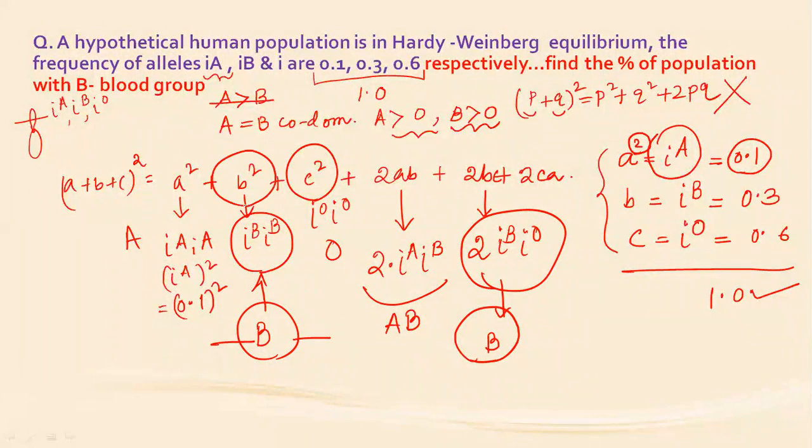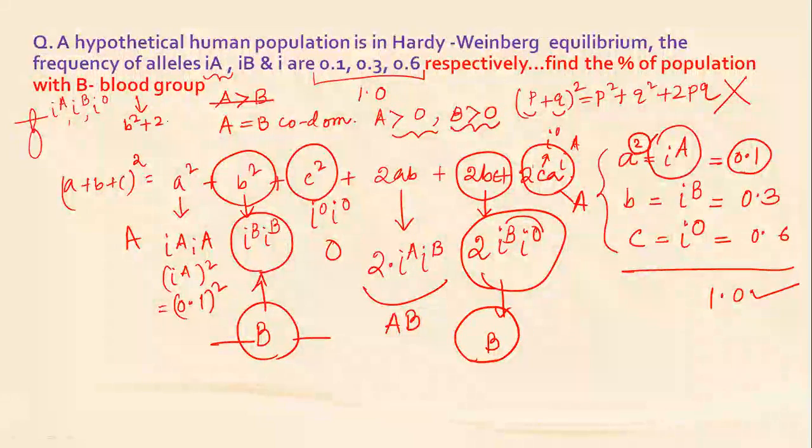So b² and 2bc, because IB is dominant over the IO allele, both are cumulative and both will help to identify the frequency. Now 2ca: c is for IO and a is for IA, so this last one is the A blood group. Definitely, we are getting the whole set of blood groups. Out of this, B blood group equals b² + 2bc.